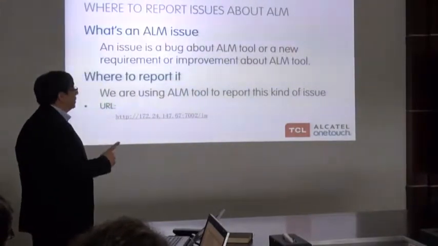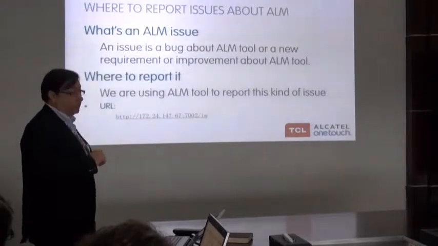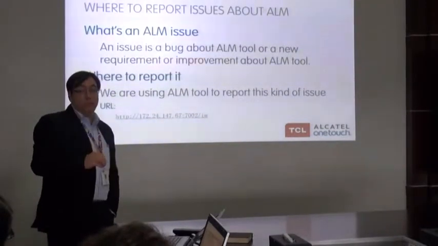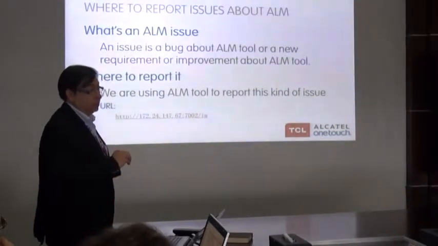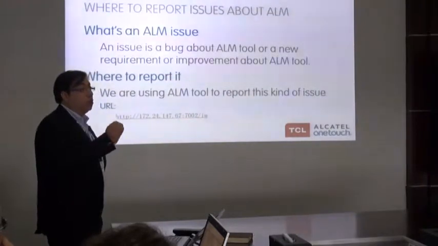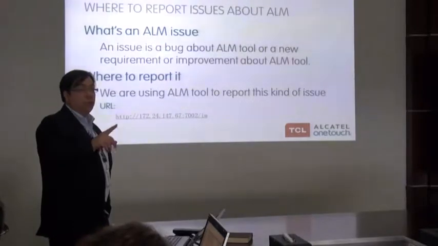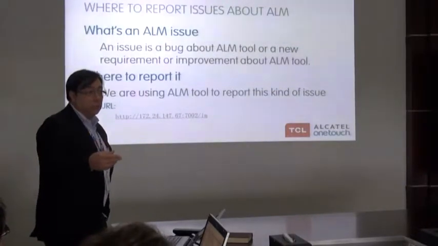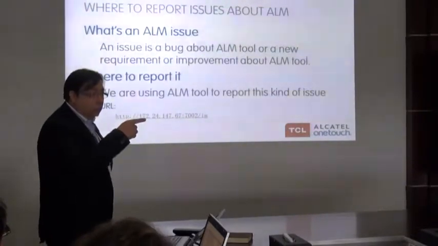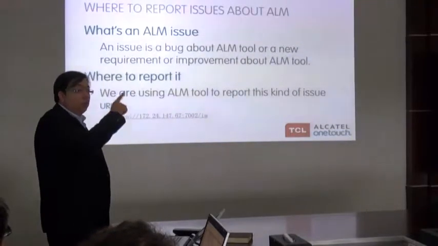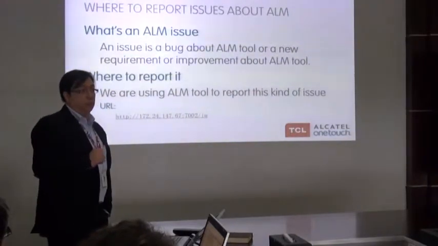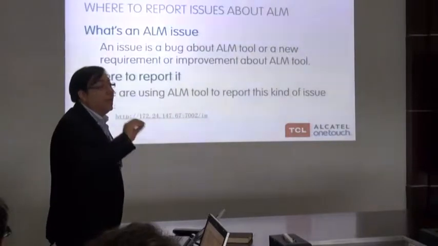But it's also a new requirement. This is very important because today we are receiving many new requirements. A new requirement is not a defect, it's not a bug. It's just something that we want to implement on ALM and that we didn't define before. This is an ALM issue.